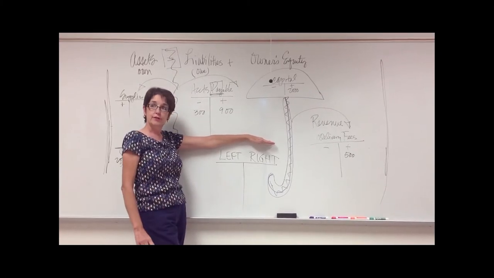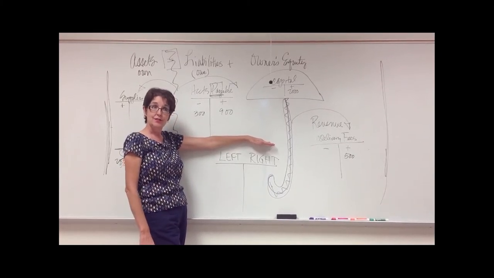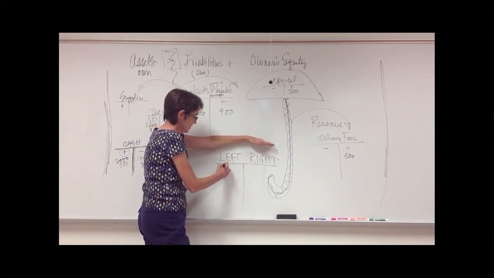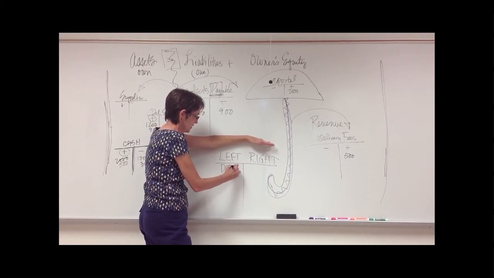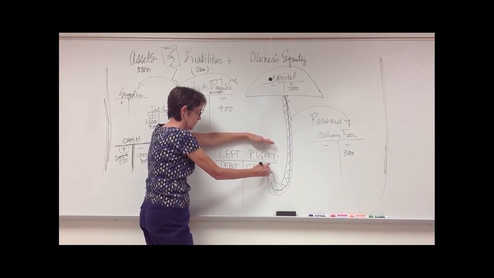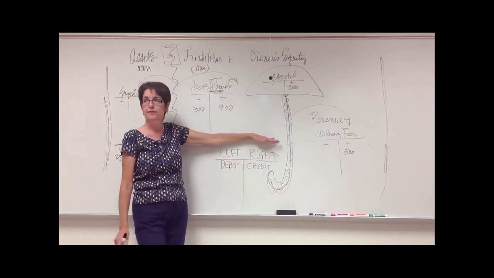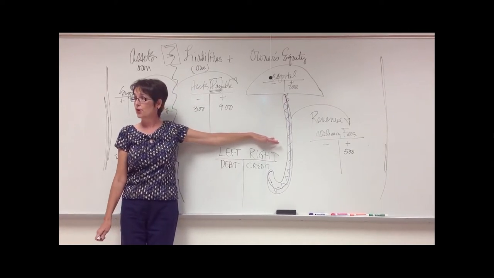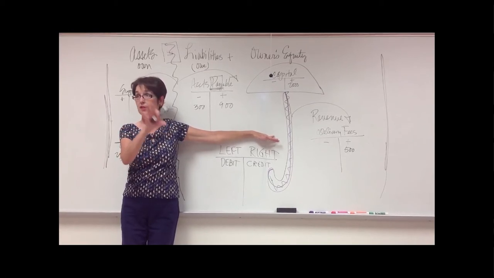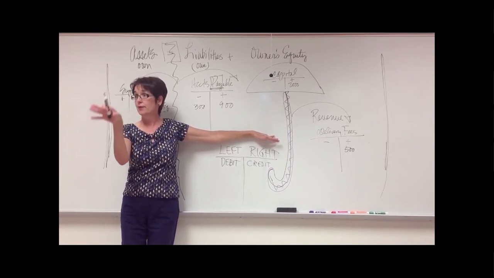The new words that we're going to assign to these two will be the word debit and the word credit. So from this point on, don't think about debit cards and credit cards. We know we all have those, and we love them and we hate them.